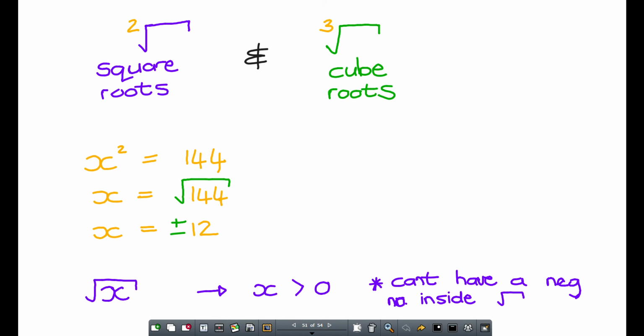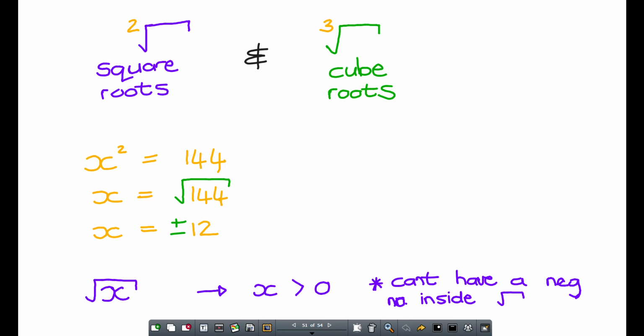Do you remember when we put into our calculator the square root of, let's say, negative 4? What did your calculator give you? A math error, because we can't get the square root of a negative number. You'll see I wrote it here: can't have a negative number inside a square root. Again, it's only for square root or any even root. Cube root, whole different story. Do you guys understand?